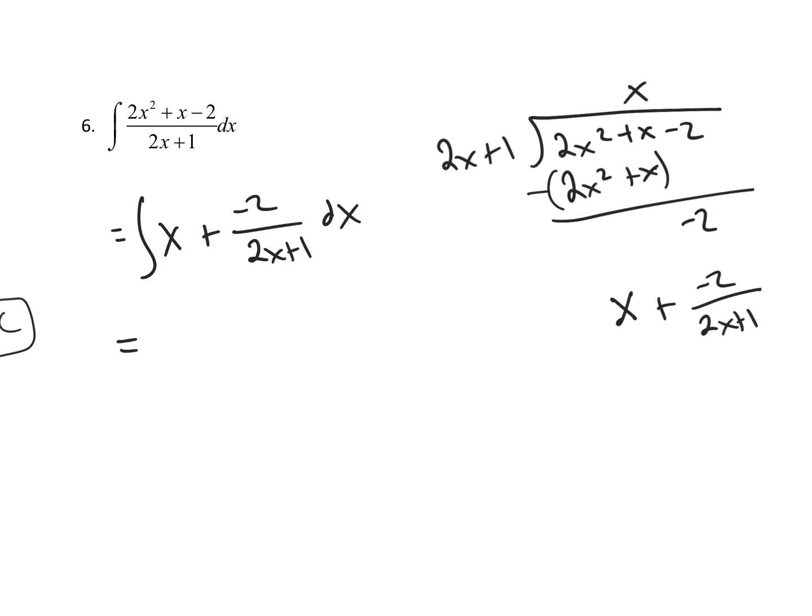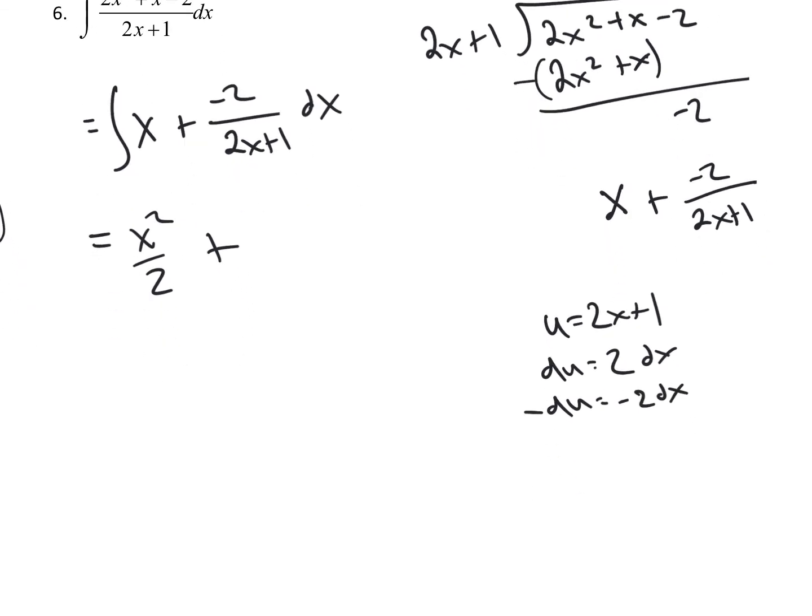This will be x squared over 2 plus, and now I'm going to need the u substitution for this part here. u would equal 2x plus 1, du would equal 2 dx. I want negative 2 dx, so negative du equals negative 2 dx.